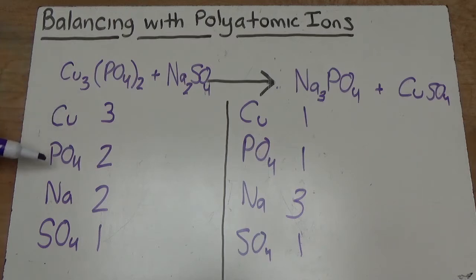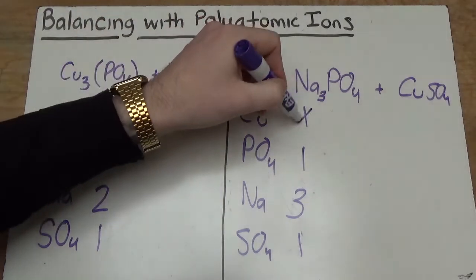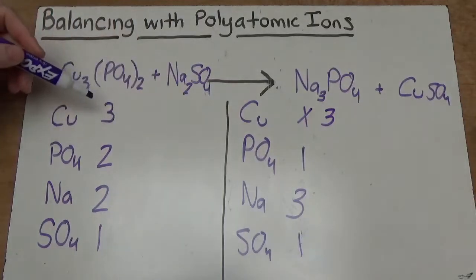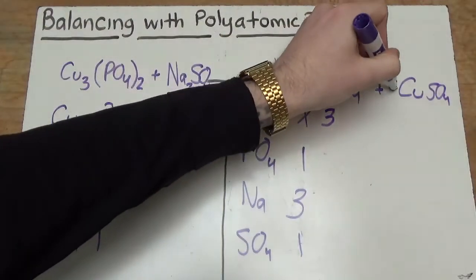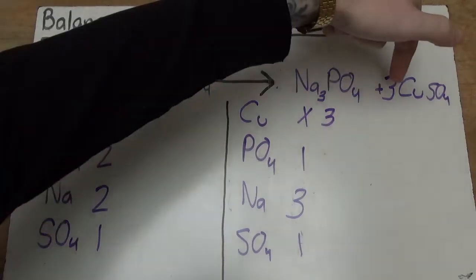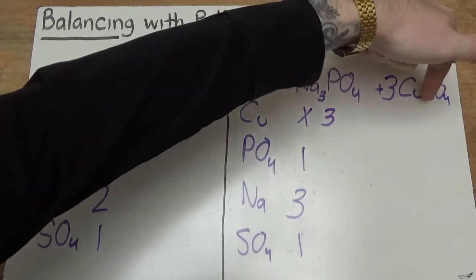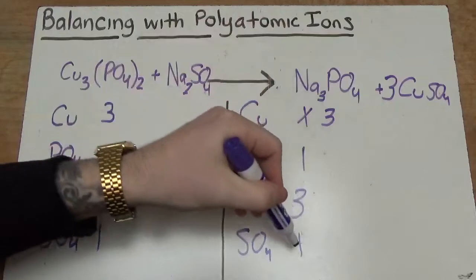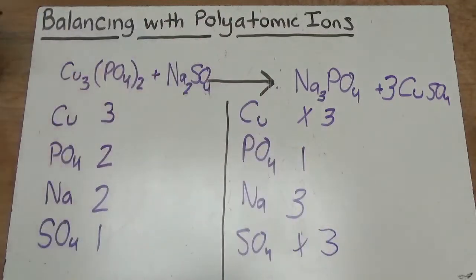Now we're going to go line by line and balance these. Copper, there's 3 on the left and 1 on the right. I can multiply 1 by 3, and that's going to equal 3, and I have to go up here and make this true. Now, because I have 3 coppers, those are attached to sulfates, so I also have 3 sulfates.